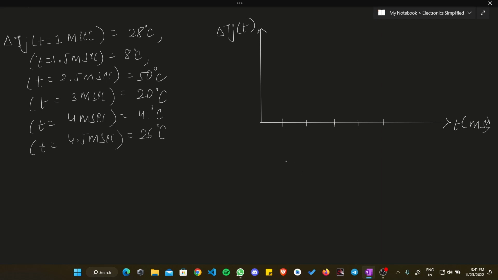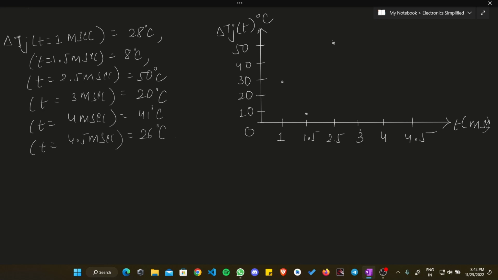Let me quickly mark each time on my x-axis first. So t equal to 1 millisecond, we have junction temperature as 28 degrees Celsius, which will be somewhere over here near 30 degrees. At 1.5 we have 8 degrees Celsius, meaning below 10. At 2.5 millisecond we have 50 degrees Celsius, somewhere over here at the top.